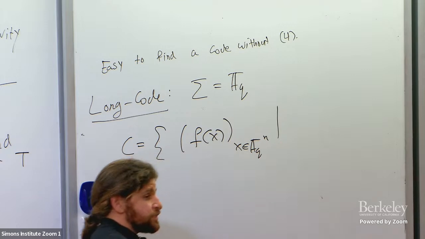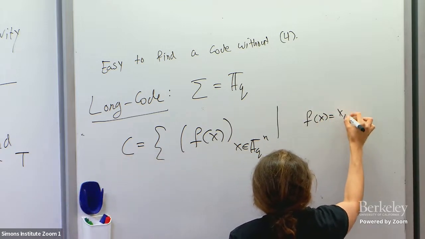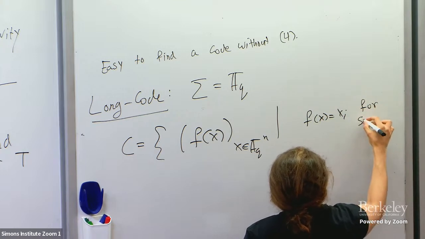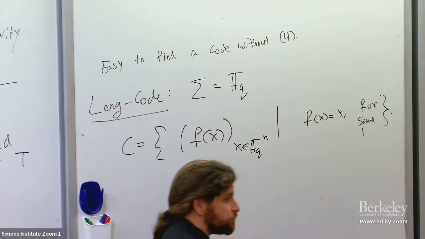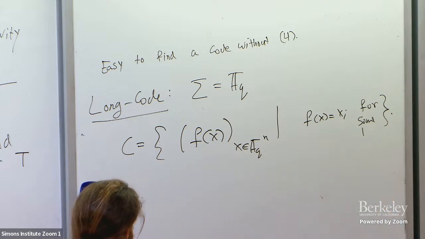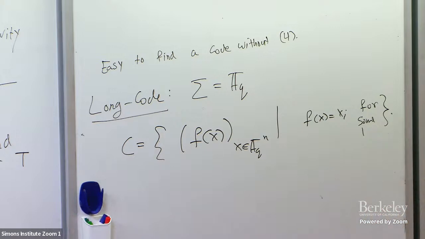The function f is a dictator. Let's take this precise thing. So this is what is often referred to as long code.